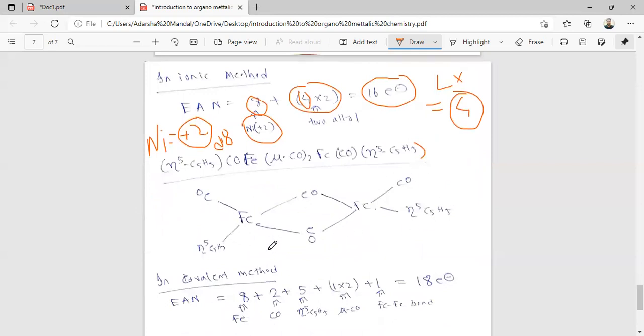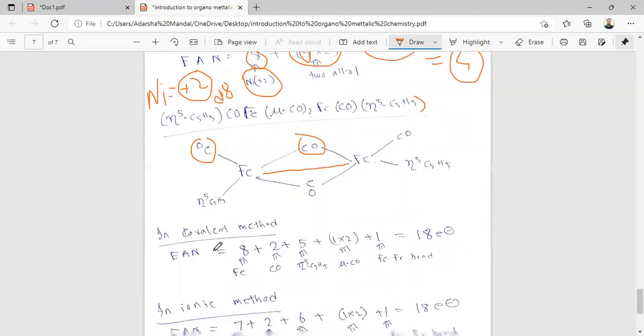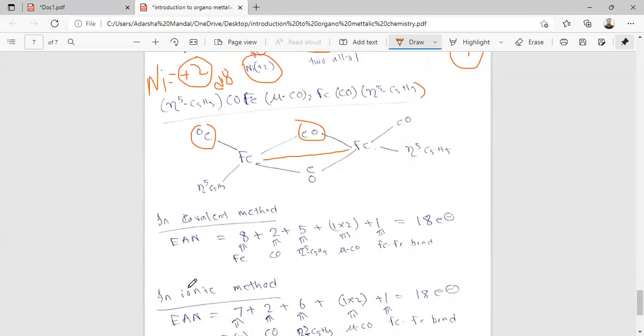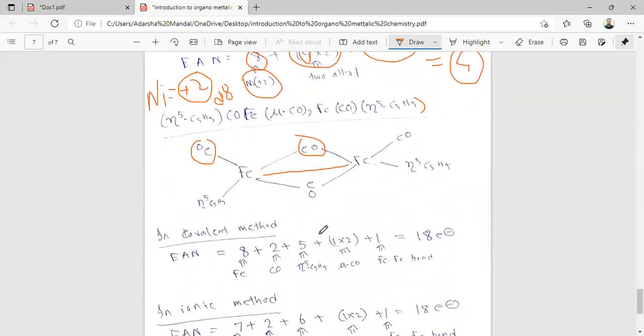Here each iron has a terminal carbonyl, and this is the bridging carbonyl, and there is one metal-metal bond between the irons. So for the electron count in the covalent method, we have to first identify the group number of the metal.